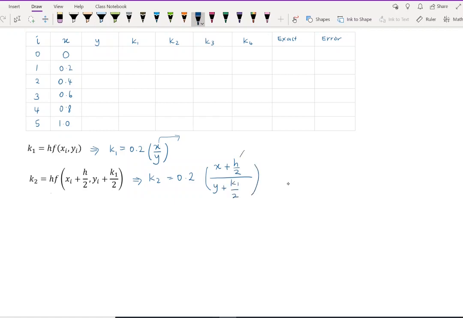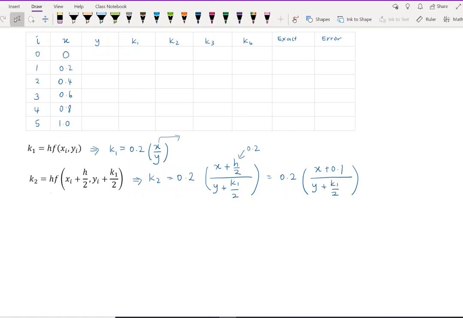Since you already have the value for h, just substitute it. You will get K2 equals 0.2 times x plus 0.2 over 2, which is 0.1, over y plus k1 over 2. At this moment you don't have any exact value for k1, so just let it be like that.